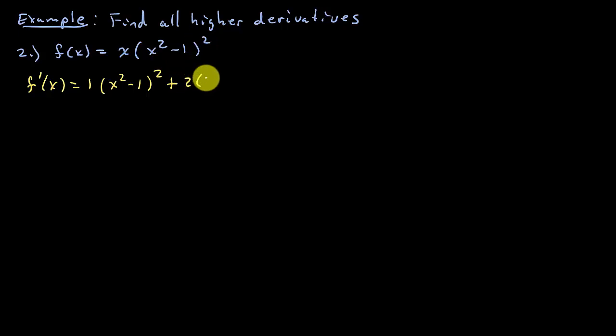So that's going to be 2 times x squared minus 1, and subtract 1 from the exponent, so that's to the first power, and then times the derivative of what's inside the parentheses. So times 2x. So this is the derivative of the second function. And then times the first function, so times x.